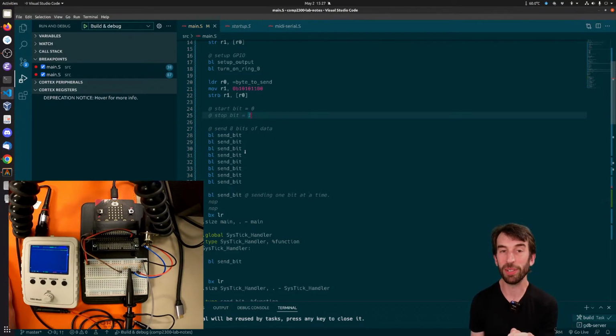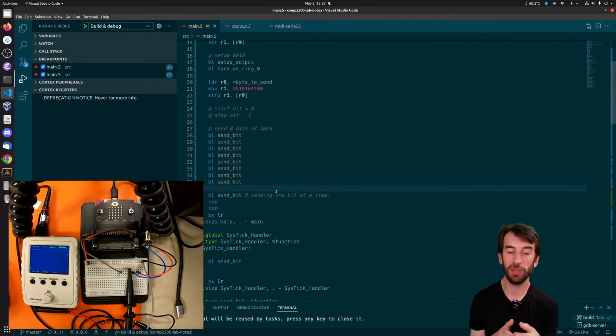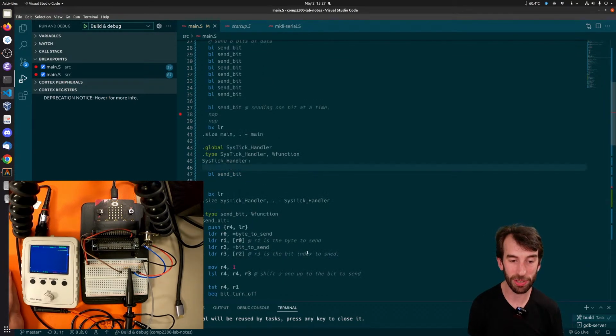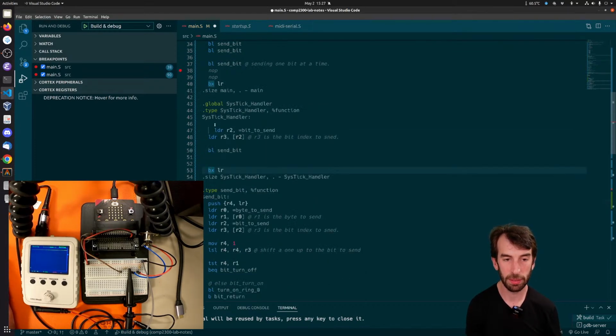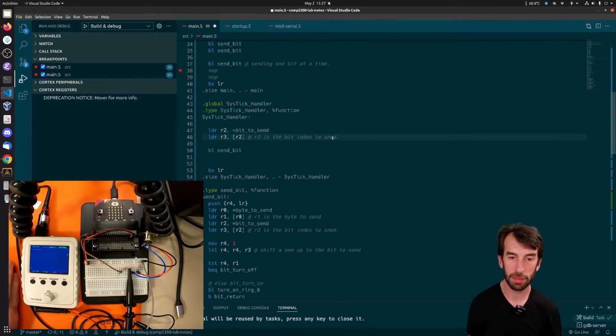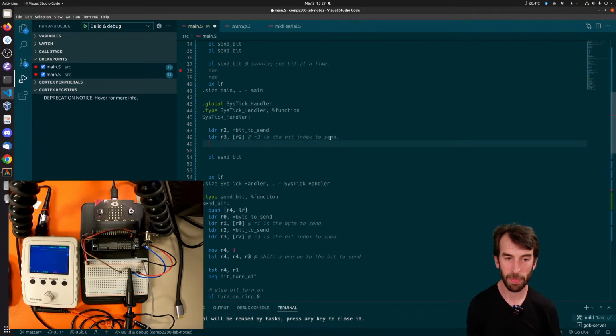But the first thing I want to do is to make sure that my systick handler only sends 10 bits of data, which is the 8 bits of actual data, plus a start bit, plus a stop bit. So I'll get it to retrieve that bit to send. R3 is the bit index to send.